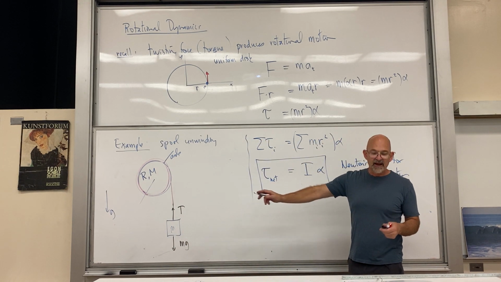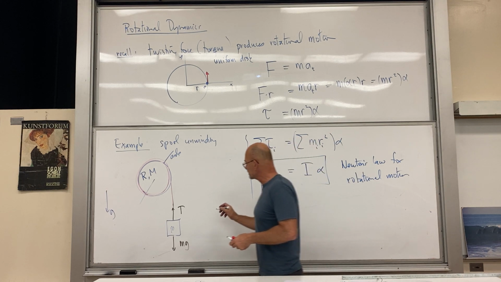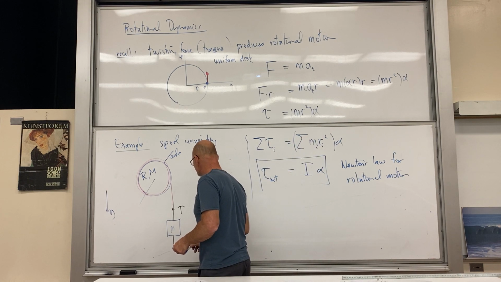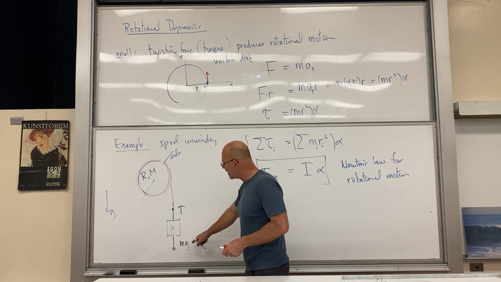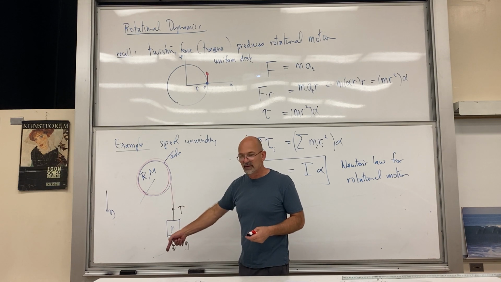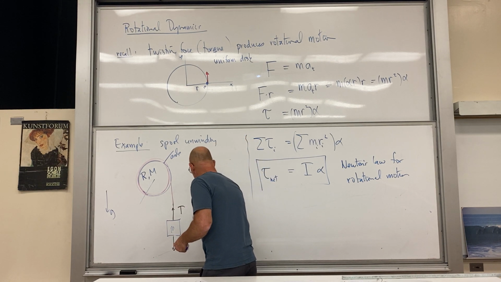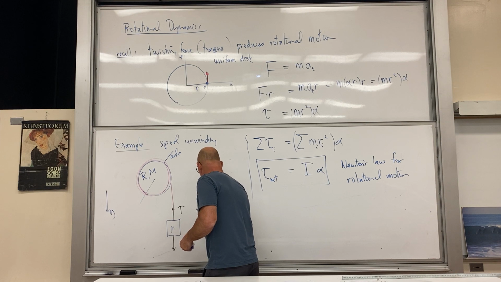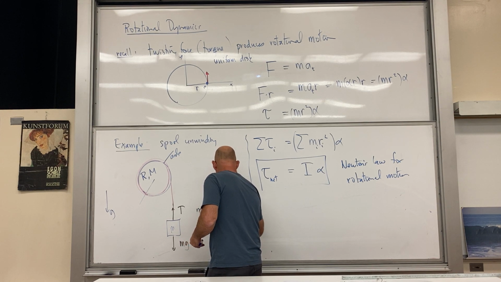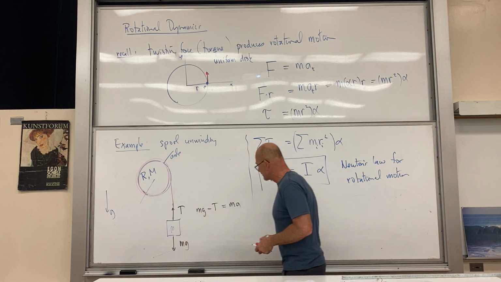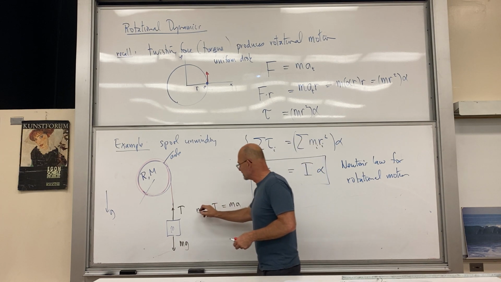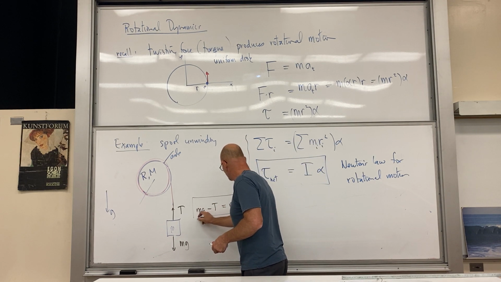And for this bottom mass, it's just an old exercise we've done before. I'm going to go ahead and make the positive direction be down. Okay, so I'll have mg minus T equal to m times a. So that's one equation. Go ahead and box it in.